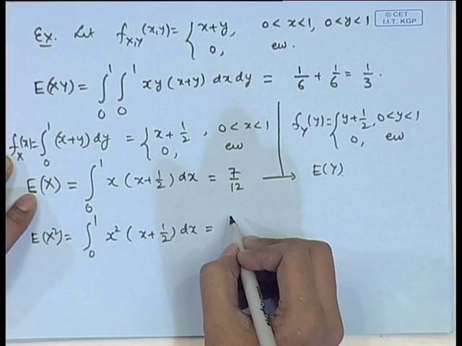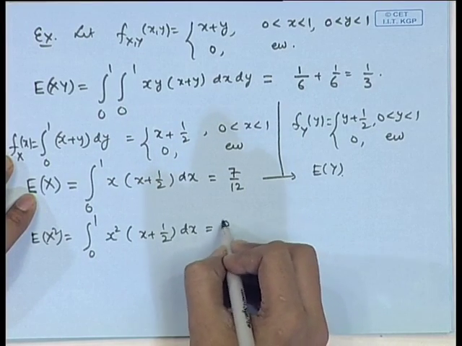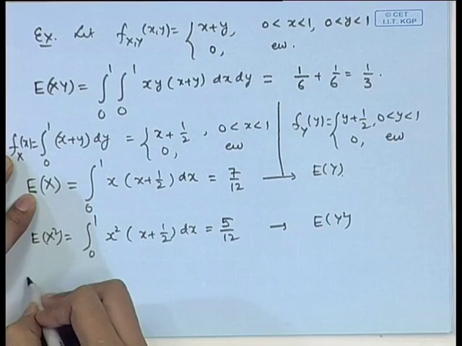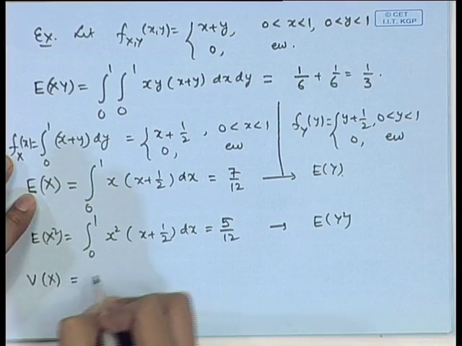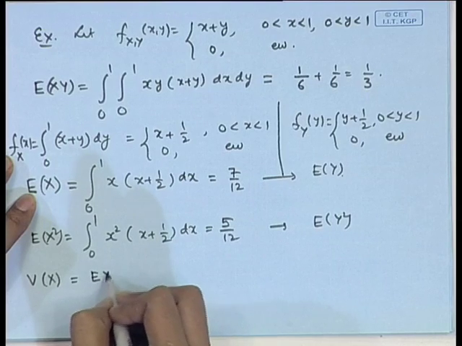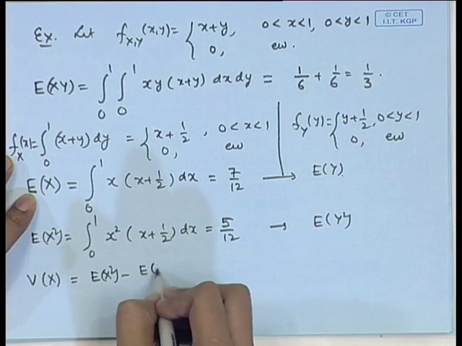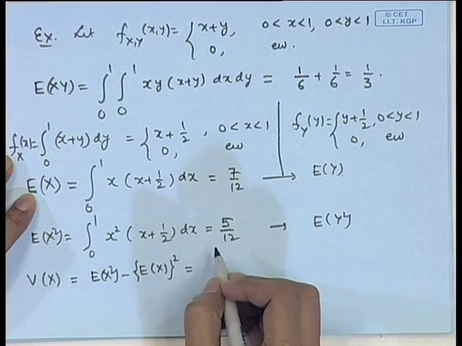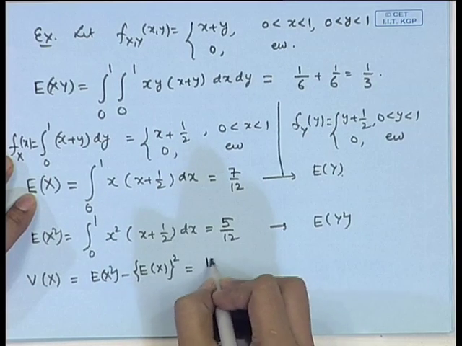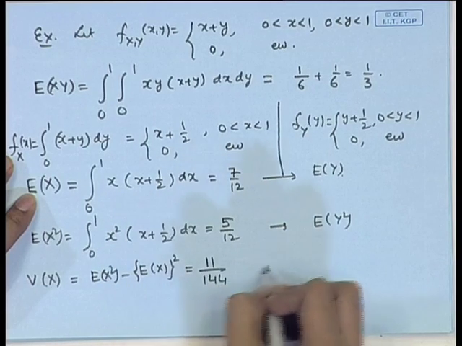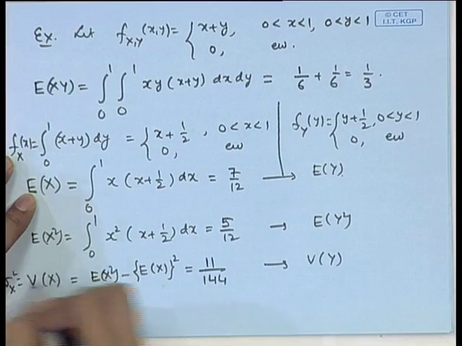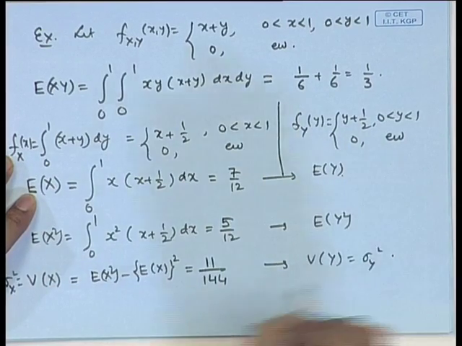That is equal to 5 by 12, same as expectation of y square, and therefore, variance of x is equal to expectation of x square minus expectation of x whole square, that is equal to 11 by 144, that is sigma x square and sigma y square.